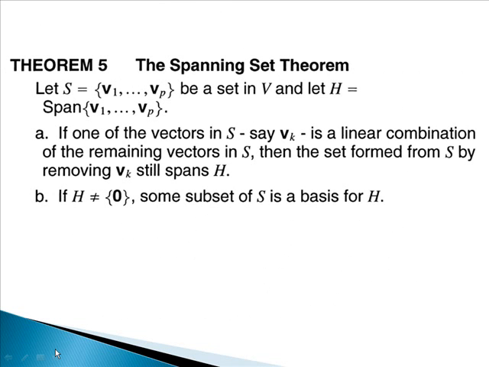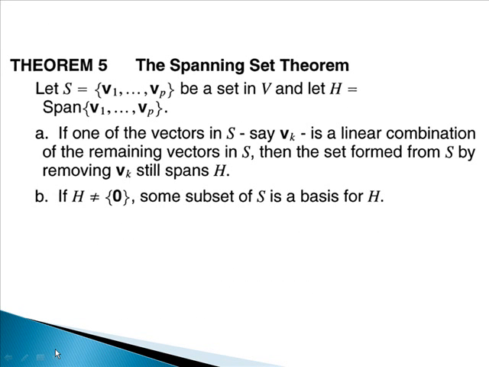So now let's look at Theorem 5, the spanning set theorem. Let S be the set of vectors v1 through vp, and it's a set in V. Then we let H be the span of those vectors.